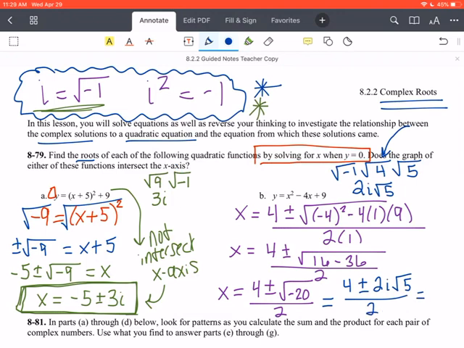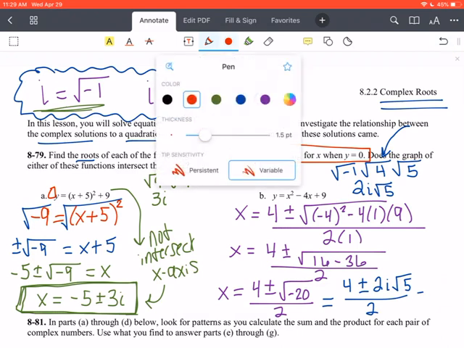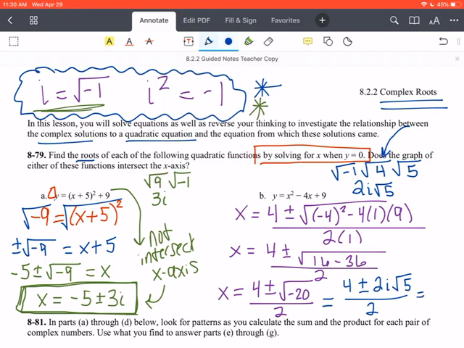And now I'm going to divide each component by 2. So 4 divided by 2 is 2, and 2 divided by 2 is 1, so I get 2 plus or minus i root 5. I don't think I'm going to have space there. Let's see, equals 2 plus or minus i root 5.